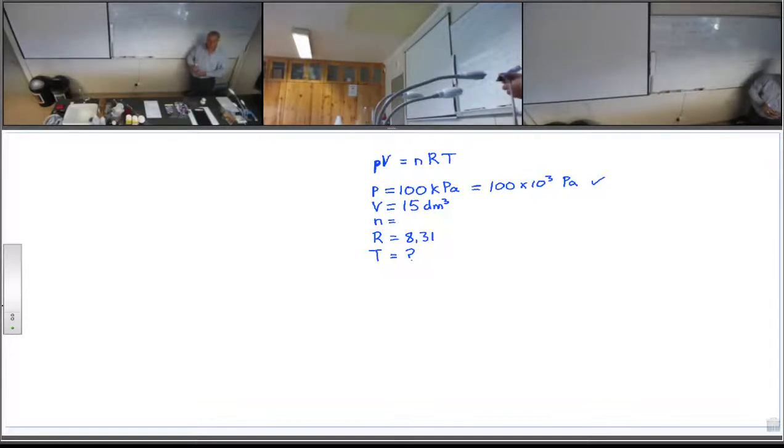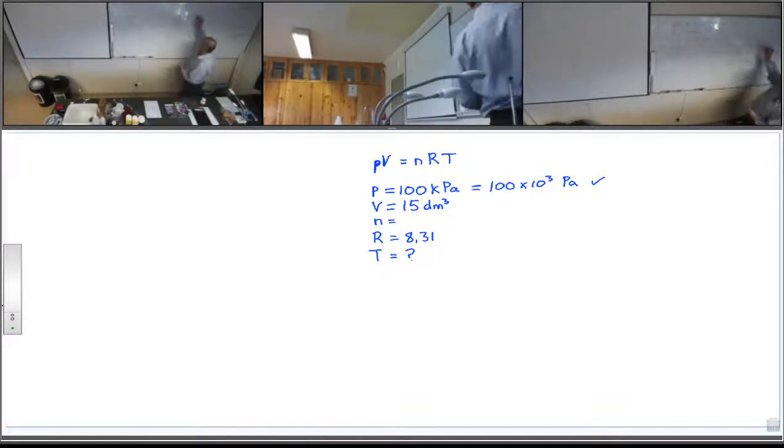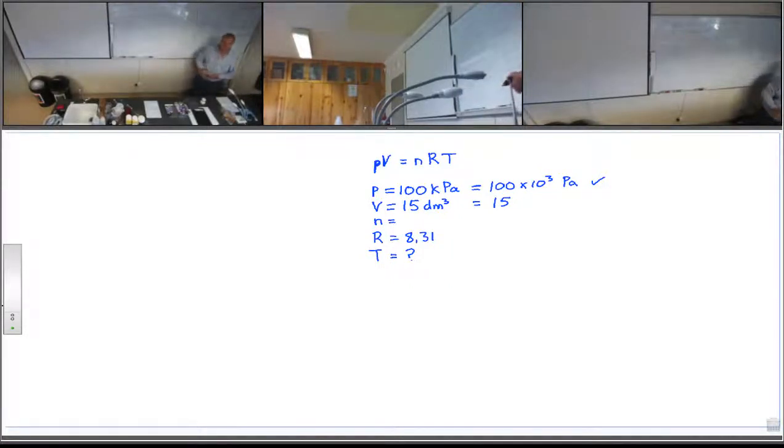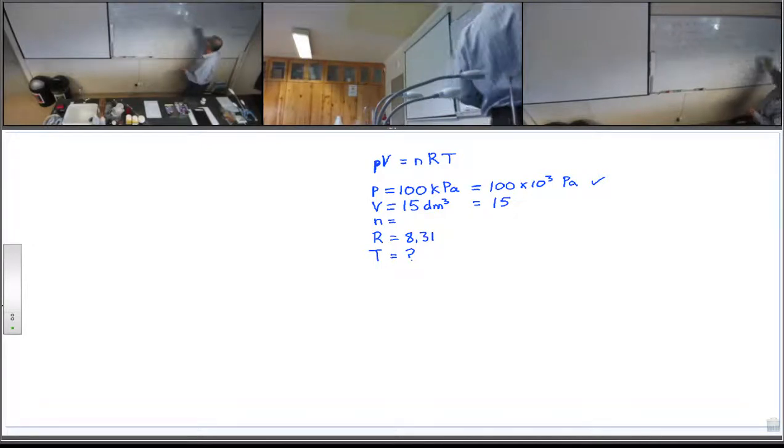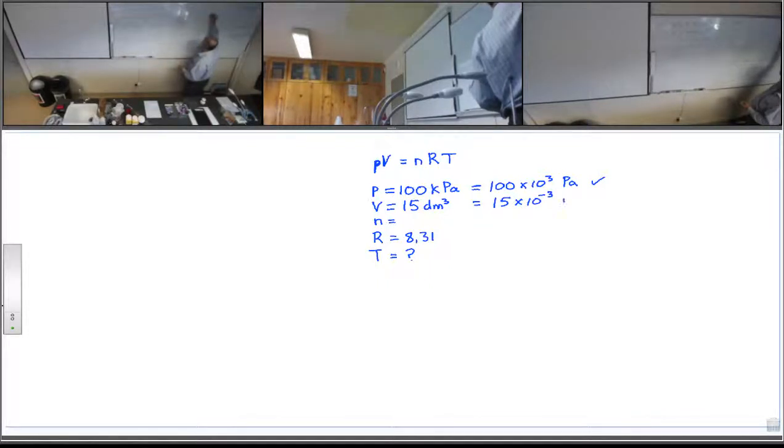What must it be in? How many decimeters cubed are there in a meter? So, I told you this the other day. 1,000, 10 cubed. So it's 15 divided by 1,000, which is times 10 to the minus 3 meters cubed. That's now correct.